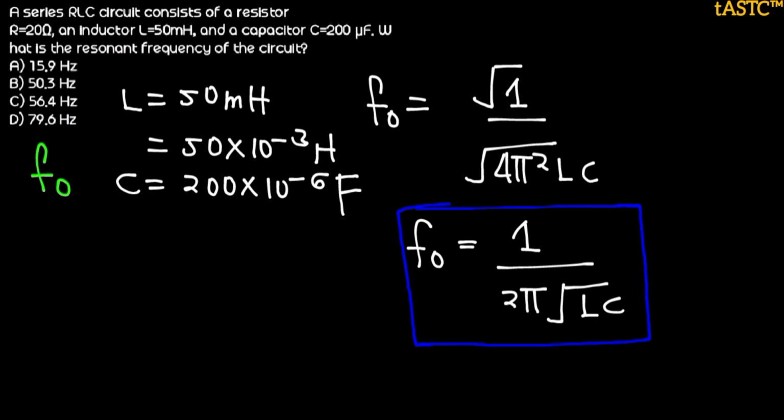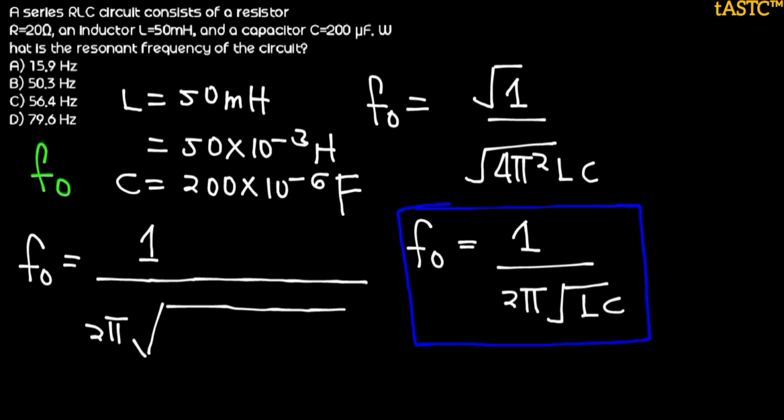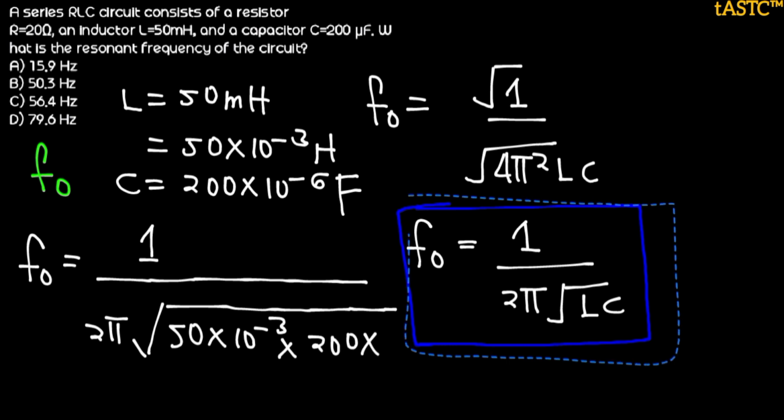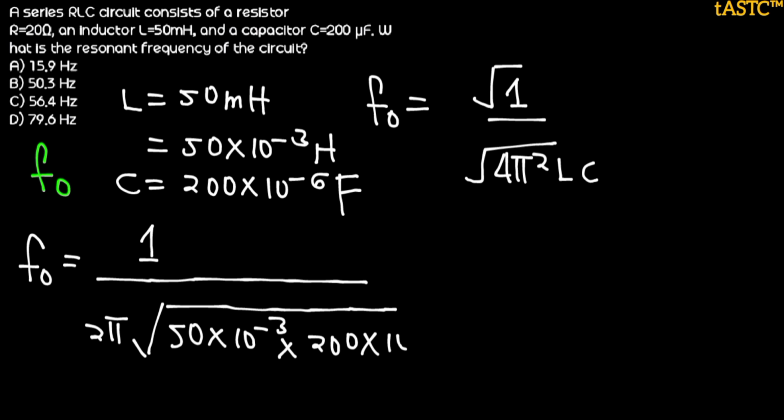So we need to plug all these in. So f naught is going to be 1 divided by 2 pi multiplied by the square root of this stuff. So this is going to be L, which is 50 multiplied by 10 to the negative 3, and this will be multiplied by 200 multiplied by 10 to the negative 6. So let us see what that is going to give.